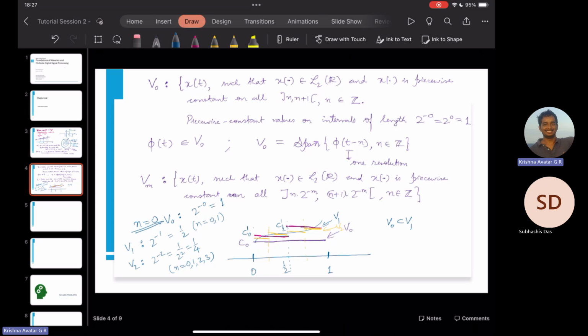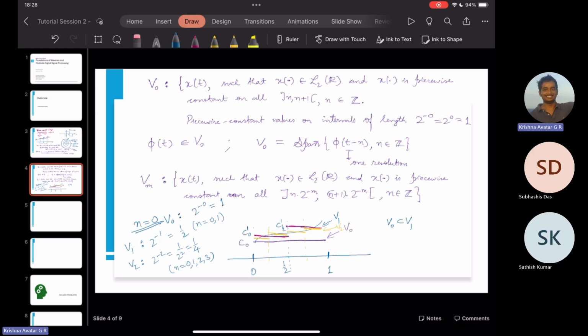You could approximate 0 to half using V1, and likewise for half to 1, again you can bring both these horizontal yellow bars closer, and then you can approximate the second segment of V1, right? So this implies that even V1 is a subset of V2.